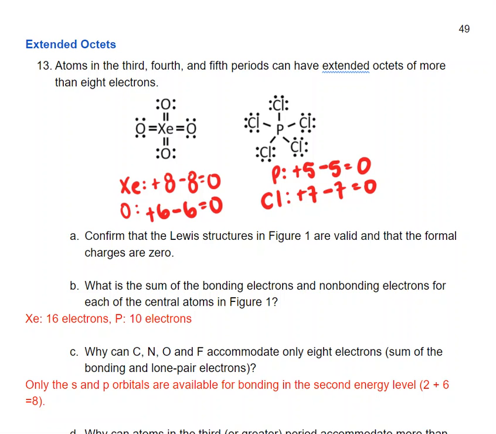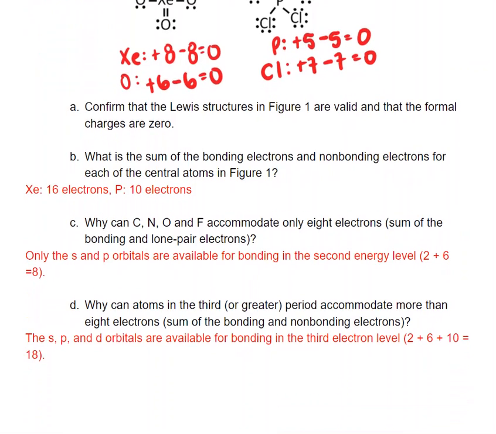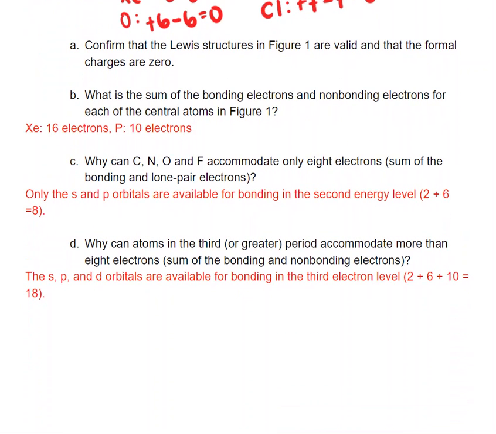So we're breaking the octet rule, and we're able to have more electrons, but still have good Lewis structures with formal charges of 0. So why can carbon, nitrogen, oxygen, and fluorine only accommodate 8 electrons? When you write out the electron configuration for these elements, only the s and p orbitals are available for bonding in the second energy level. The s orbital can hold 2 and the p orbital can hold 6 for a total of 8, a full octet.